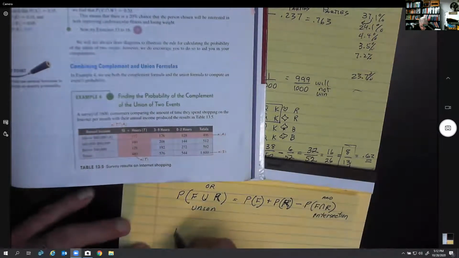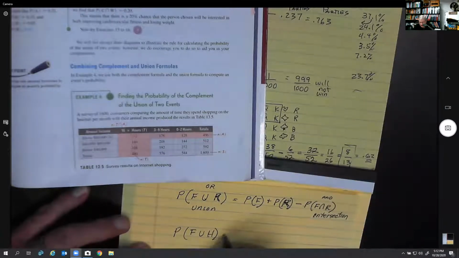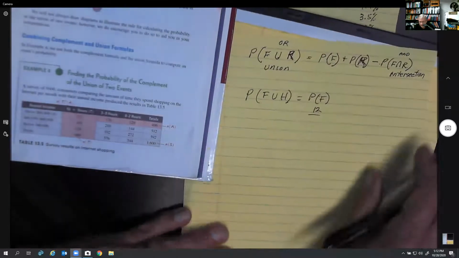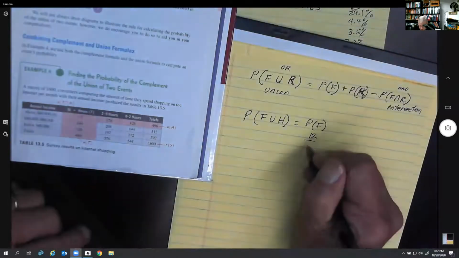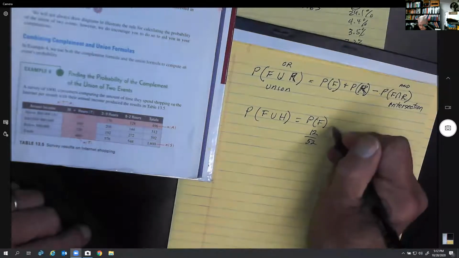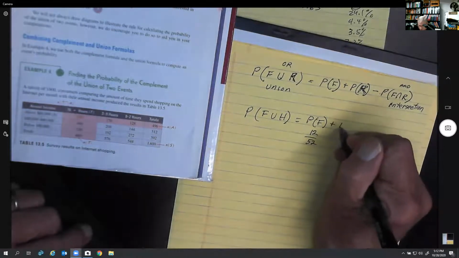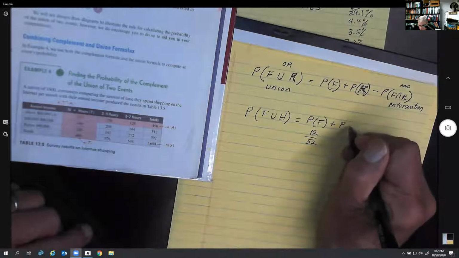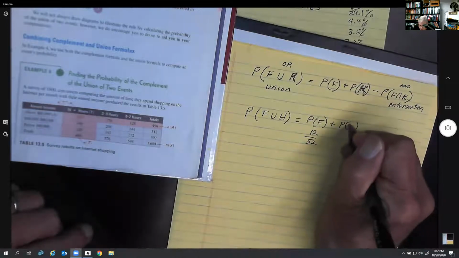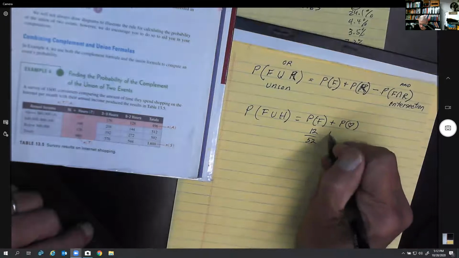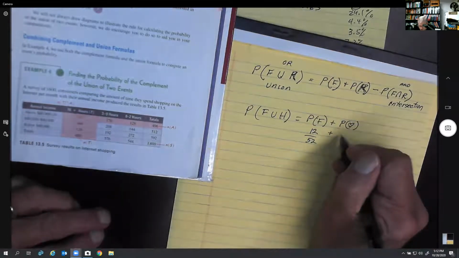The probability of a face card union the probability of a heart is equal to the probability of a face card, 12 out of 52, plus the probability of a heart. There's 13 hearts in the deck.